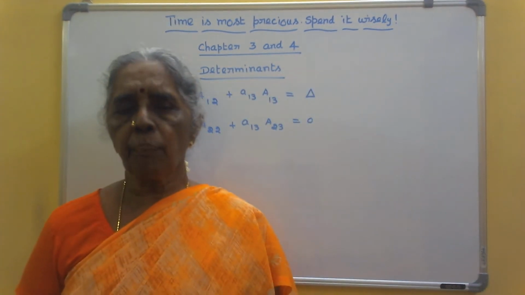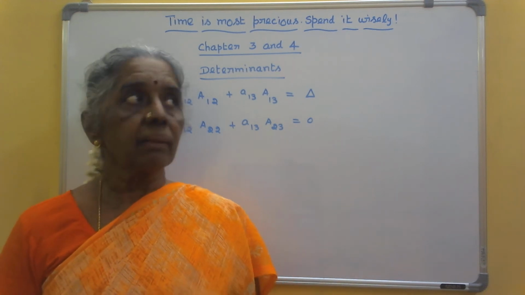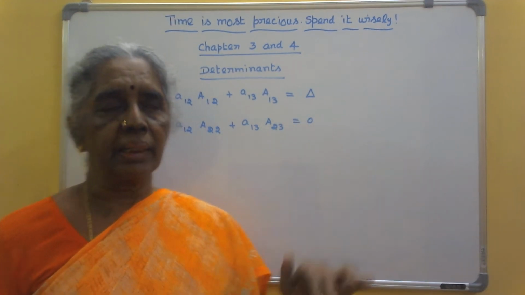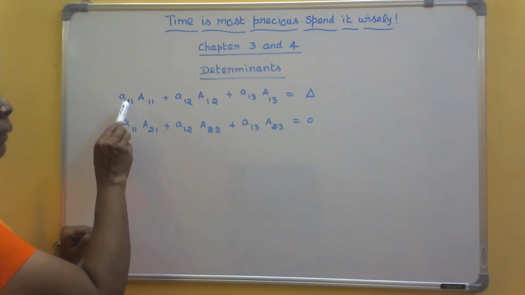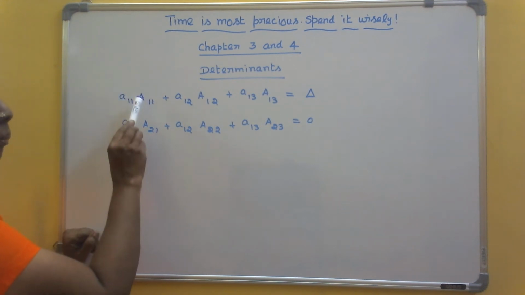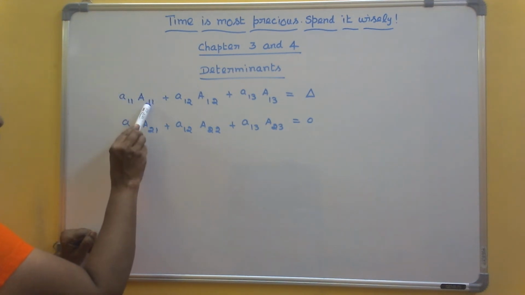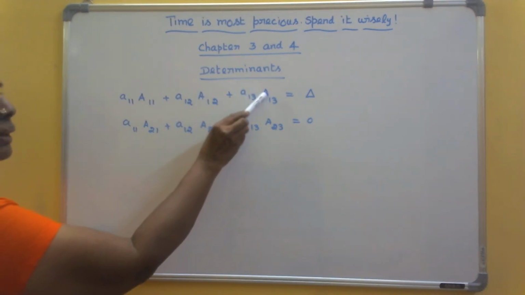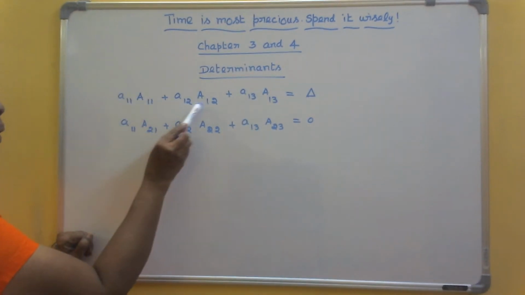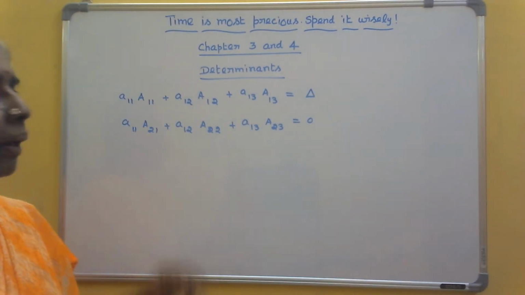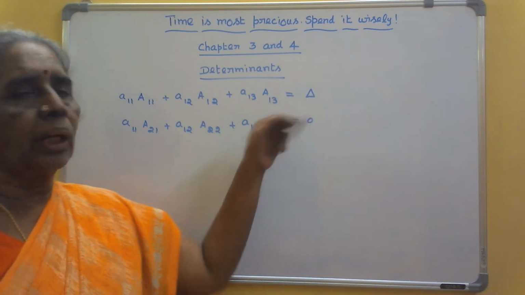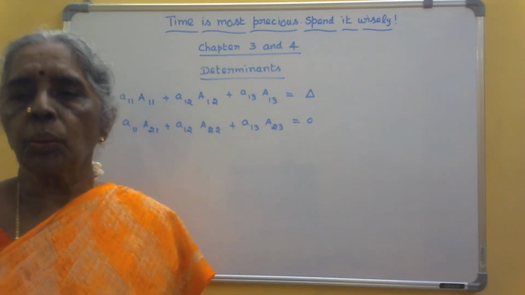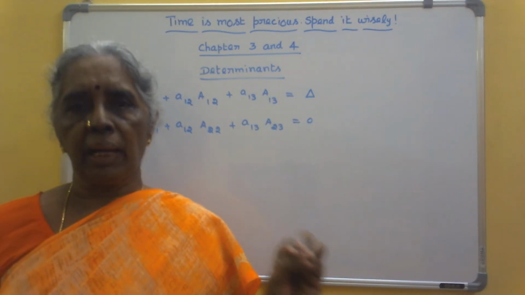You don't have properties of determinants, but you should know these two. When you multiply each element by its own cofactor, that is A11 into capital A11 plus A12 into capital A12 plus A13 into capital A13, and add these three, that will be equal to the determinant value.